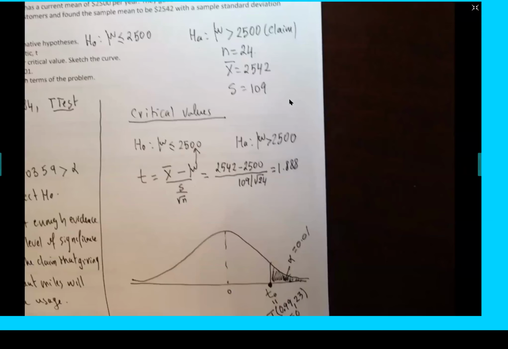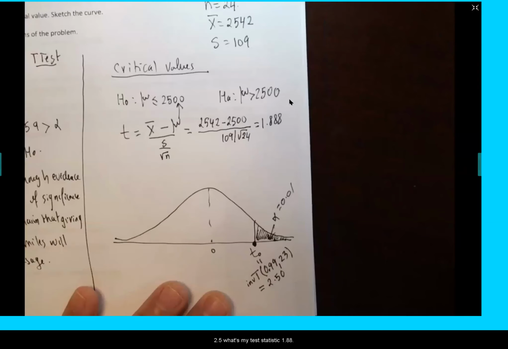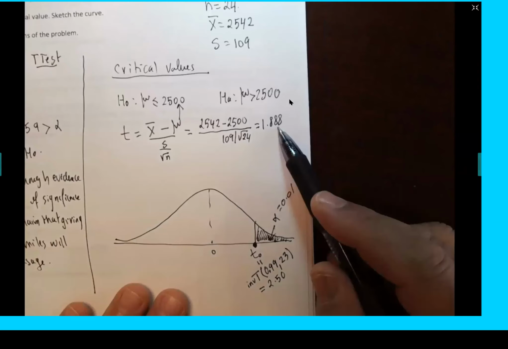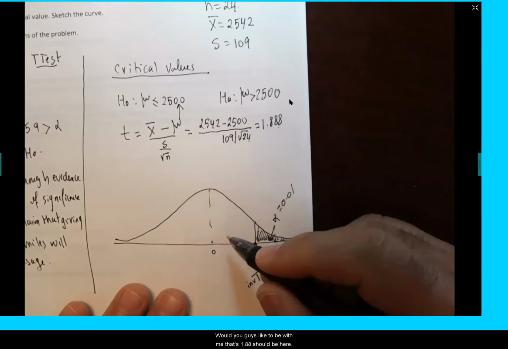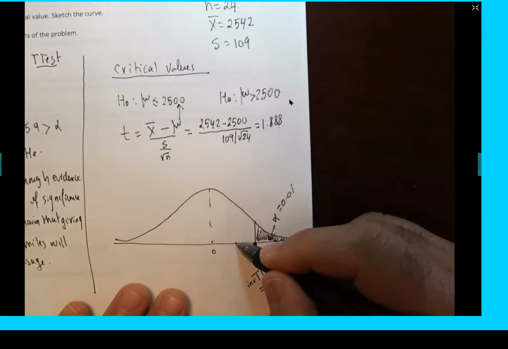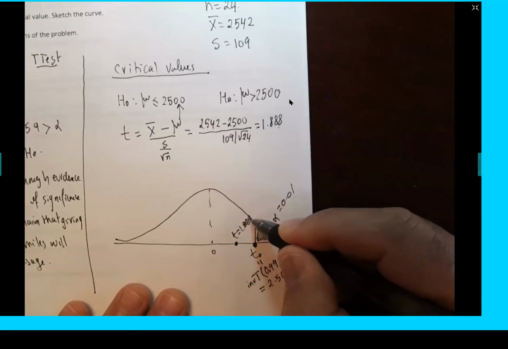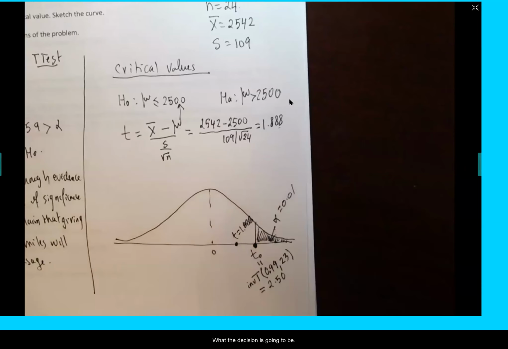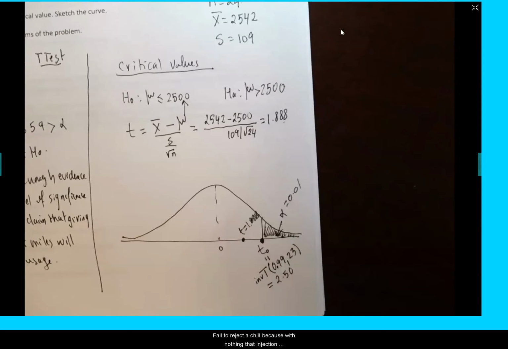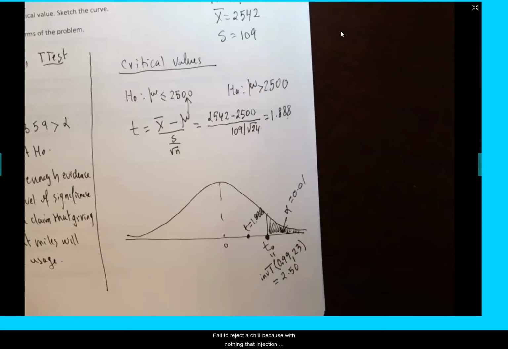Okay, guys. 2.5. What's my test statistic? 1.88. Would you guys agree with me that 1.88 should be here? And now I want a student to tell me what the decision is going to be. Well, it's not going to change. So what do you guys think? Fail to reject H0 because we're not in the rejection region.